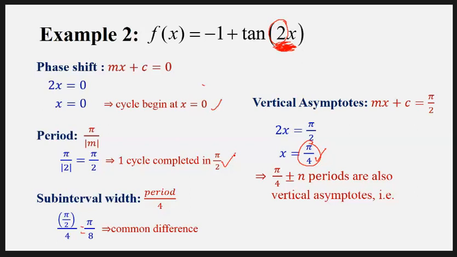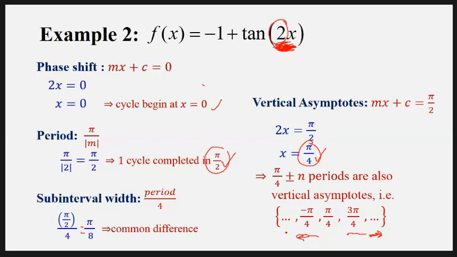So we have pi over 4 plus or minus n times the period. For example, pi over 4 plus the period pi over 2 gives me 3 pi over 4. If I subtract, I get negative pi over 4. If I go on further, adding pi over 2 to the right, I will have more vertical asymptotes. If I subtract pi over 2 towards the left, I will have more vertical asymptotes on the other side.